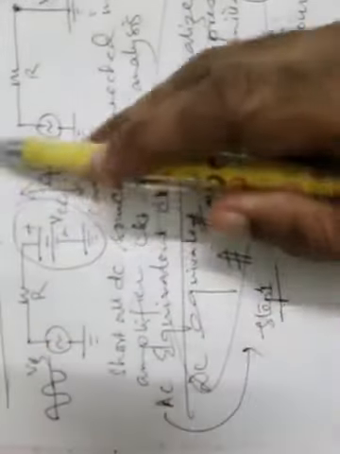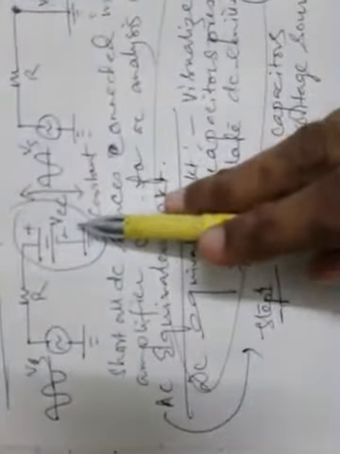And another step is that you also have to short the DC voltage sources, because we have seen that the AC effect on the DC voltage source is just to mentally short it to ground. So these two are the steps to find the AC equivalent circuit of a transistor amplifier.